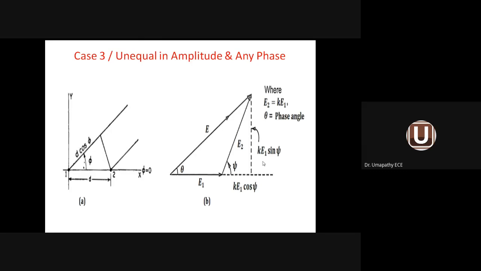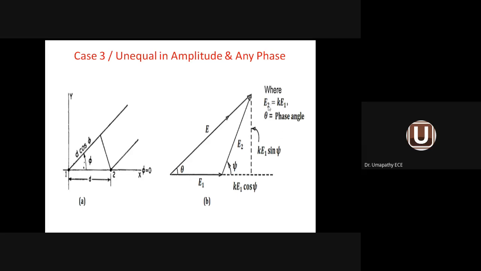This one is the vector diagram. Angle psi, total phase difference. E, total electric field strength. E1, electric field strength because of antenna element 1. E2, electric field strength because of antenna element 2. So this portion, E1 cos psi. This portion, E1 sin psi.